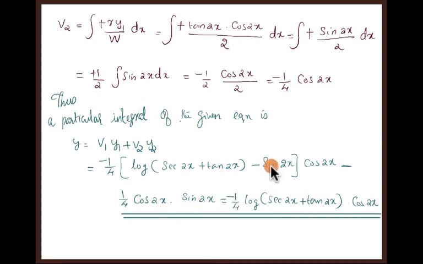Here minus 1 by 4 into minus sin 2x into cos 2x will be equal to plus 1 by 4 sin 2x cos 2x, and this term is minus 1 by 4 cos 2x sin 2x. Those two terms are cancelled, so the function will be equal to the first term, minus 1 by 4 into log of sec 2x plus tan 2x into cos 2x.